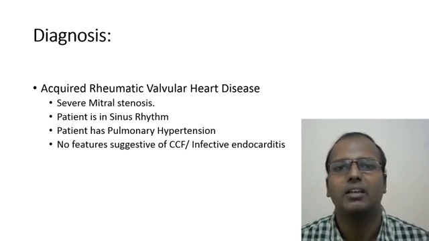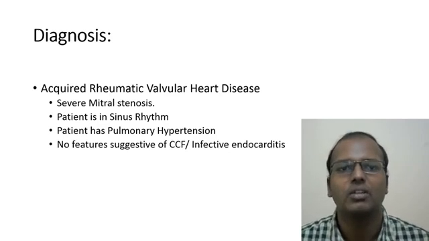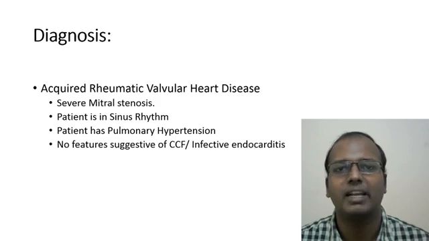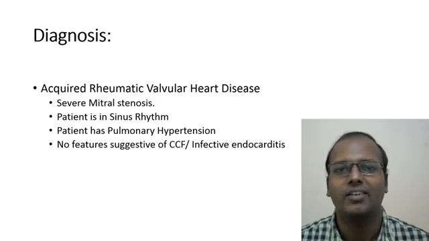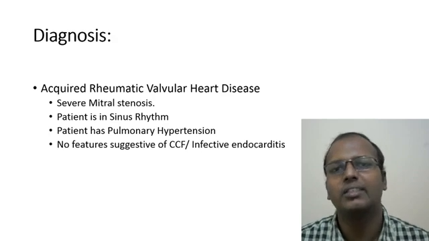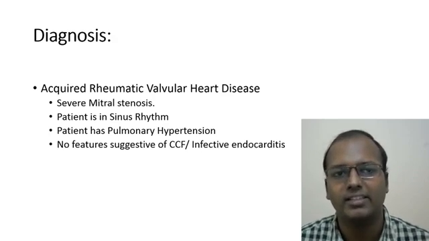Why CNS? Because thrombus can be there in the heart, which can embolize and lead to stroke. Paradoxical emboli can also be there: from DVT, it can go to the right heart, and from a septal defect, ASD, it can go to the left heart and into systemic circulation and lead to stroke. So these are the things which you should add if you are presenting as a long case.